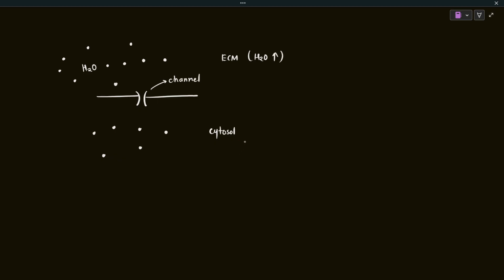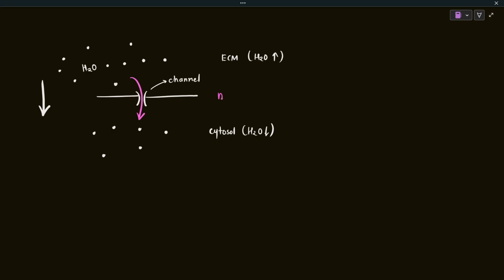The movement of the water molecules will be according to the concentration gradient. In the cytosol, water molecules are fewer compared to the extracellular matrix, so this sets up a concentration gradient from the extracellular matrix to the cytosol, and that is why the water molecules will move from the extracellular matrix to the cytosol.